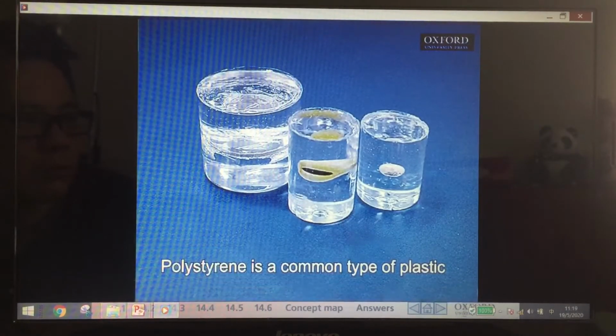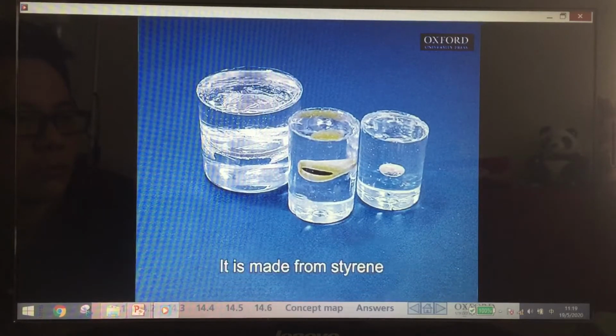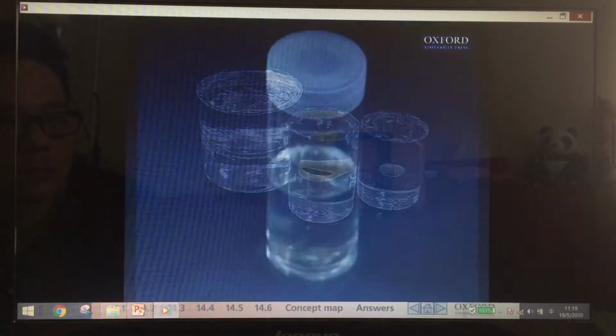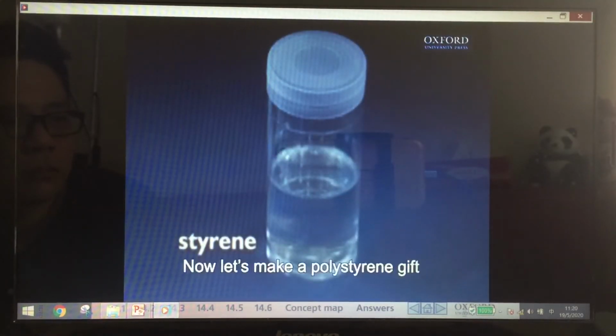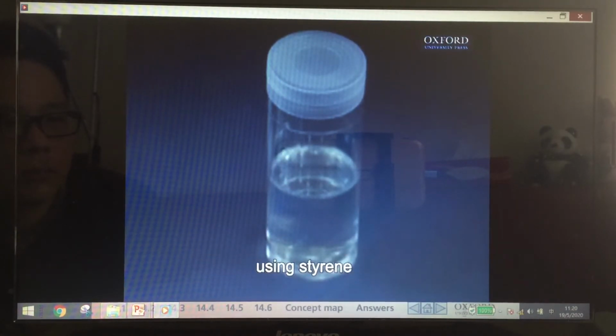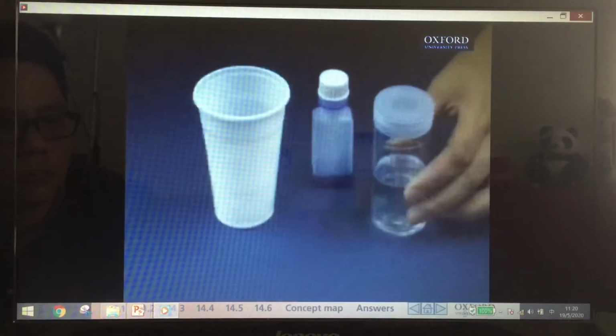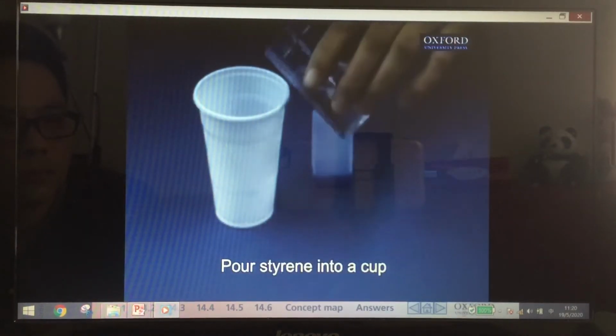Polystyrene is a common type of plastic. It's made from styrene, which comes from one of the fractions of crude oil. Now let's make a polystyrene gift using styrene. Pour styrene into a cup.